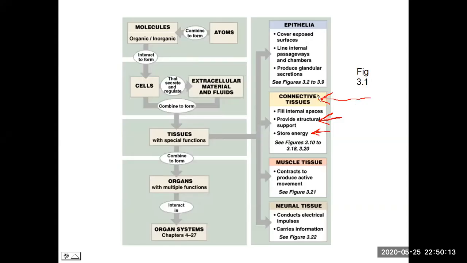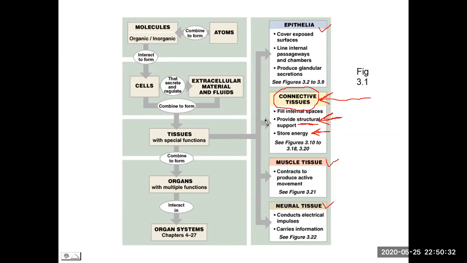We're moving now into the category of connective tissues. And like the name implies, this is a connective or attachment support type of tissue. The other three categories of tissue are very well defined, with unique types of cells.